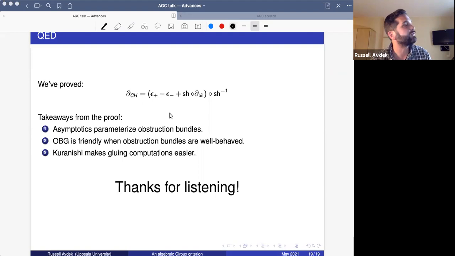So ultimately the obstruction bundle gluing says you can reduce it to an affine linear algebra problem. You're trying to find a linear map which sends this vector to that vector. And you can parameterize all your cokernel bundles.